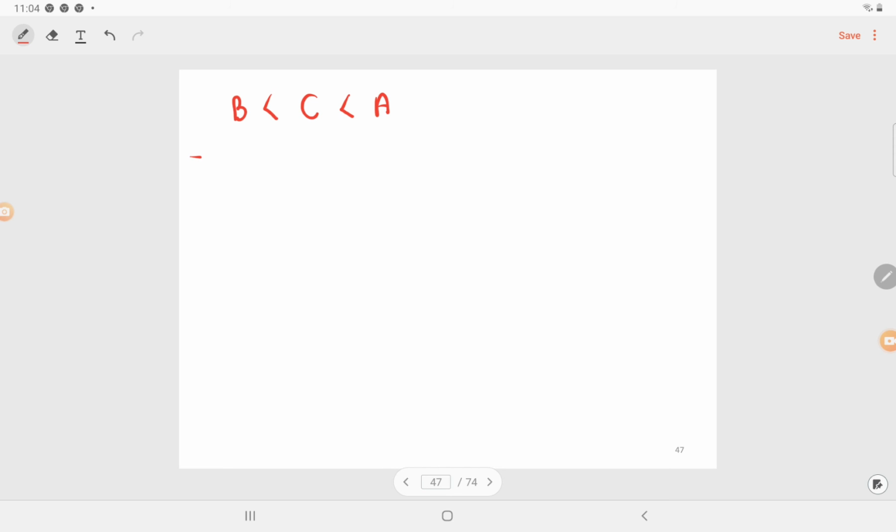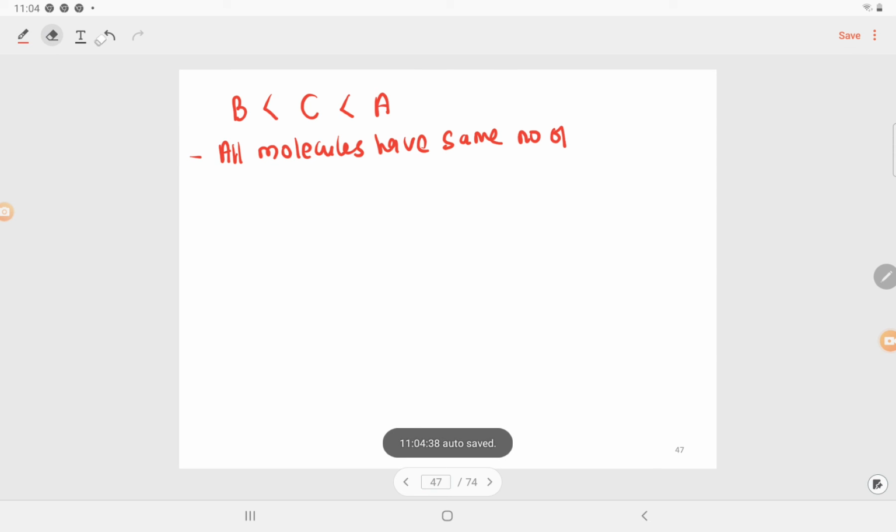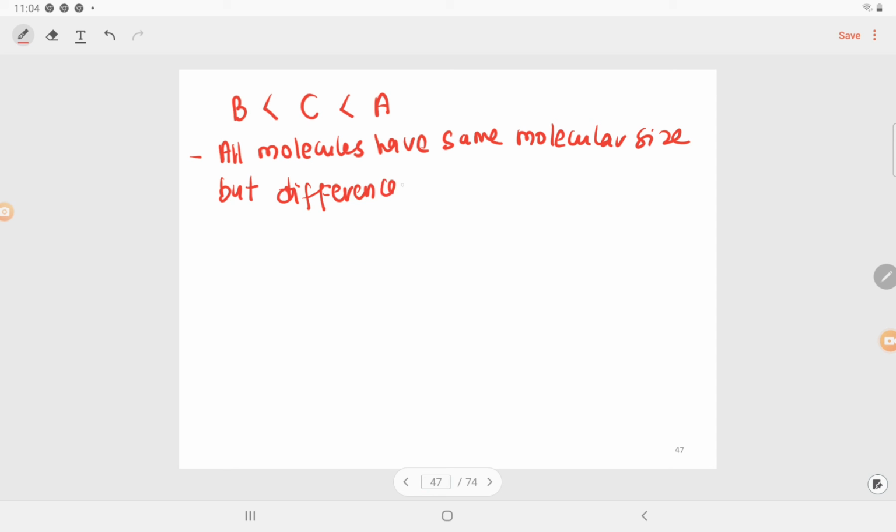So for explanation number 1 here, you can state all molecules have the same number or same molecular size factor. Same molecular size but different in number of branches.